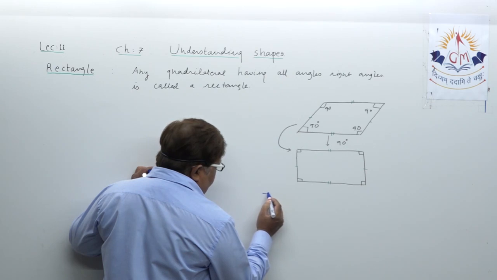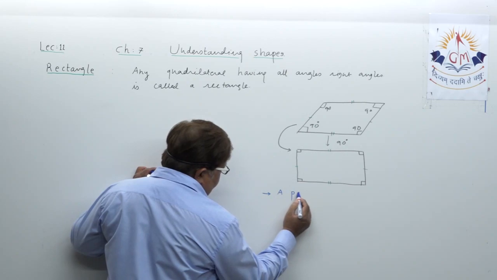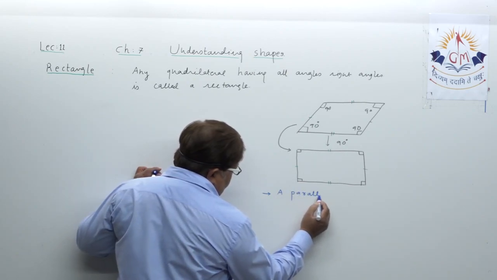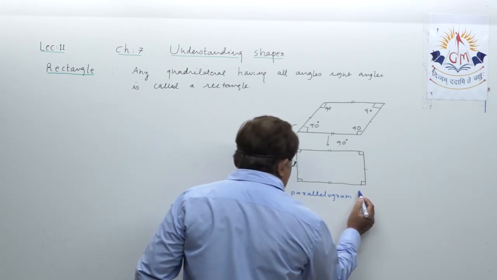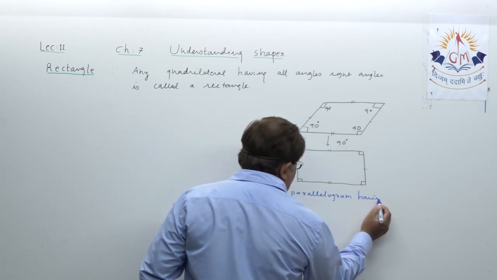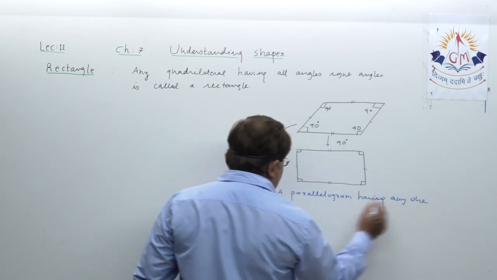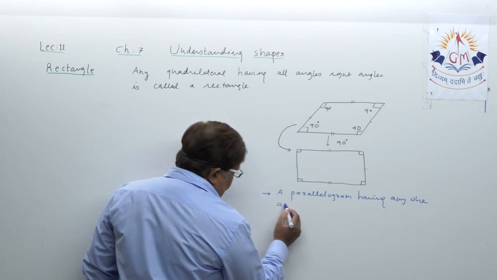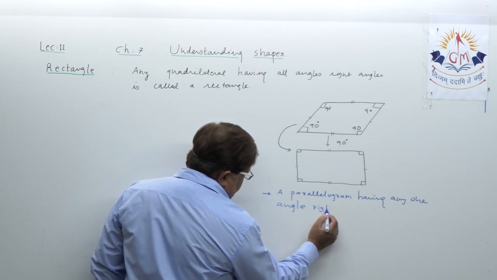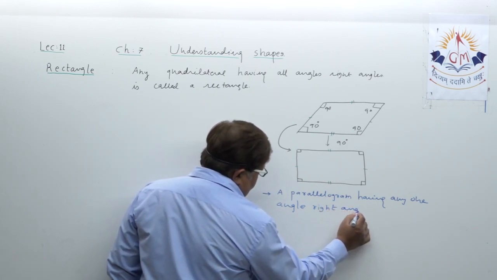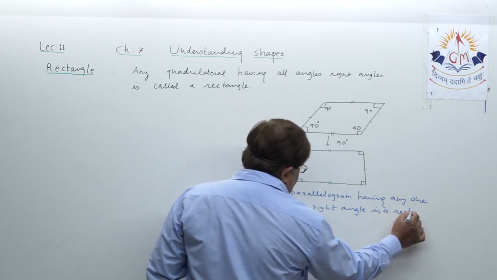Just quote down that statement. A parallelogram having any one angle a right angle is a rectangle.